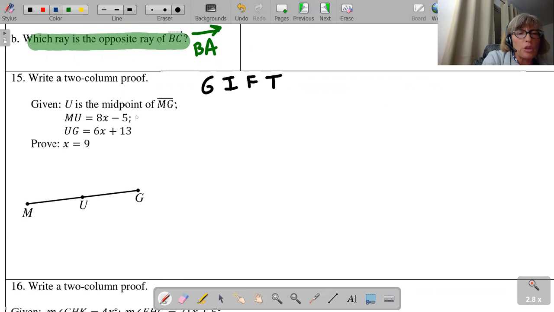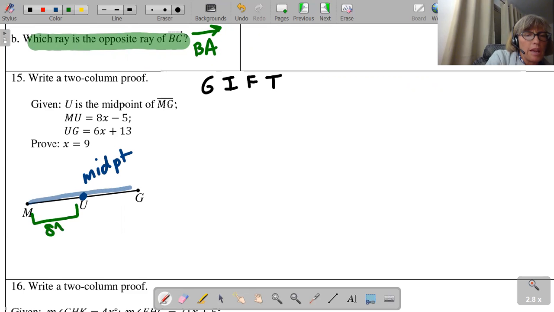You are given that U is the midpoint of MG. So I'm just going to trace MG here. Use the midpoint. And you are told that M to U is 8x minus 5.